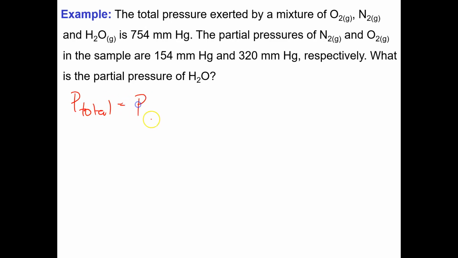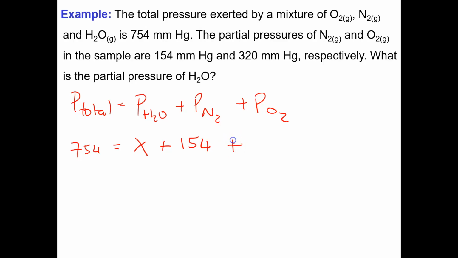is equal to the pressure of H2O plus the pressure of N2 plus the pressure of O2. And we know that the total pressure is 754 millimeters of mercury. We don't know what the pressure of H2O is, but we do know that the pressure of the nitrogen is 154 millimeters of mercury and that the O2 has a pressure of 320 millimeters of mercury.